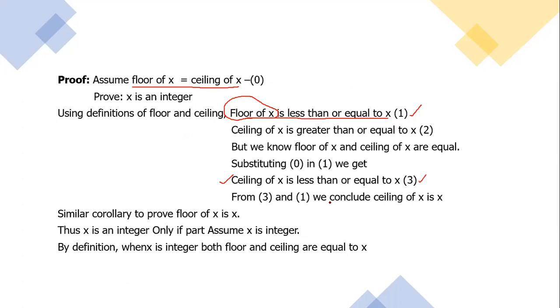So I can conclude that ceiling of x is x. We already know what x is. We just want to prove that x is an integer. From these two equations, I can conclude that the ceiling of x is nothing but x. Then only I can say this statement is true.